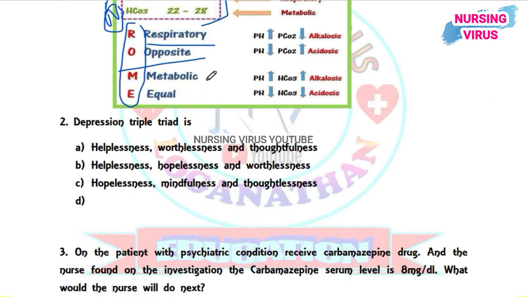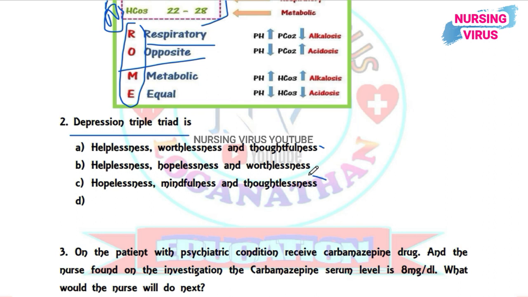The next, second one: the triad, the 3 major triad symptoms of depression, they asked. The options are helplessness, worthlessness and thoughtfulness; helplessness, hopelessness and worthlessness; and the third option hopelessness, mindfulness and thoughtfulness.